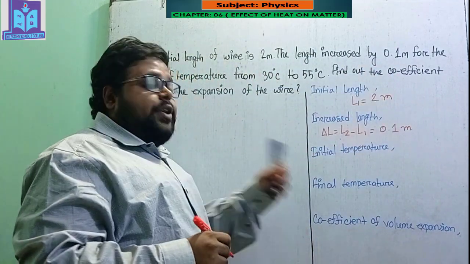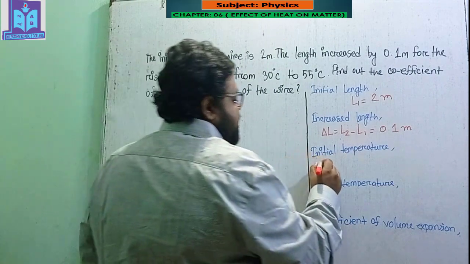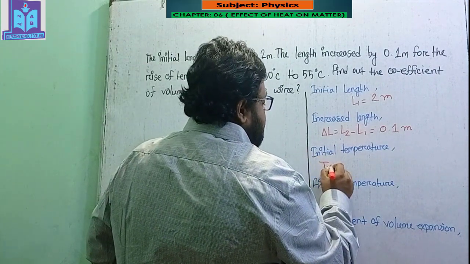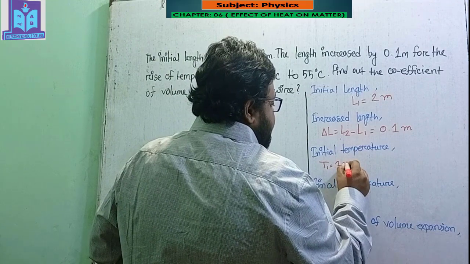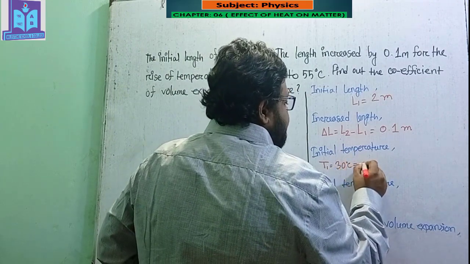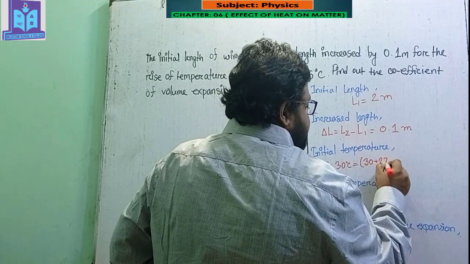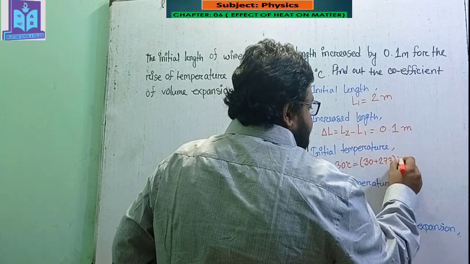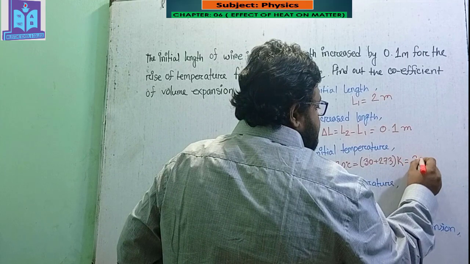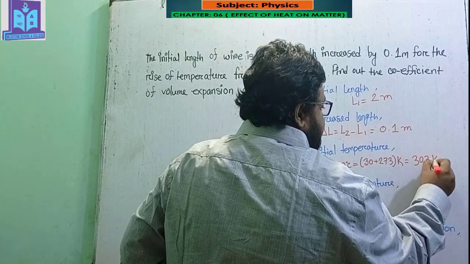The initial temperature T1 equals 30 degree Celsius, or 30 plus 273 Kelvin, 303 Kelvin.